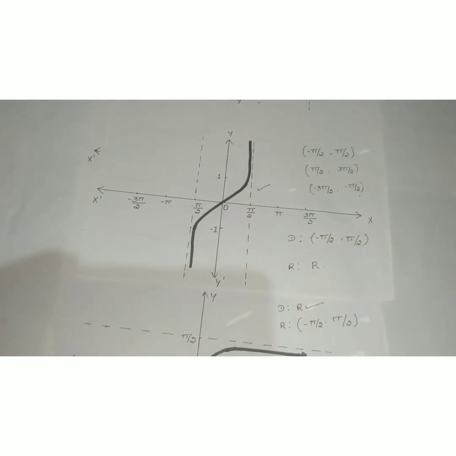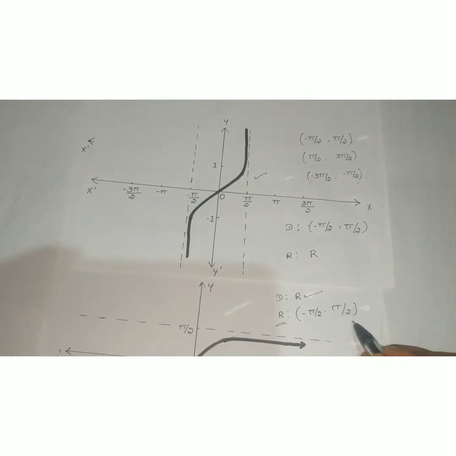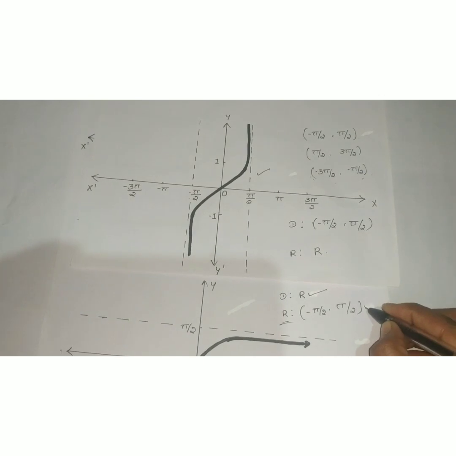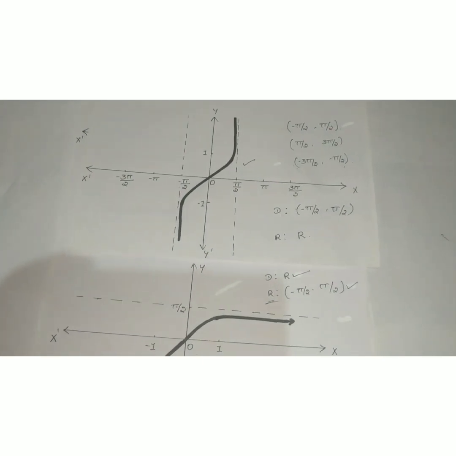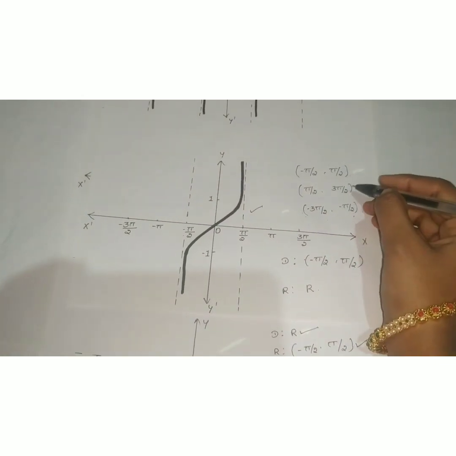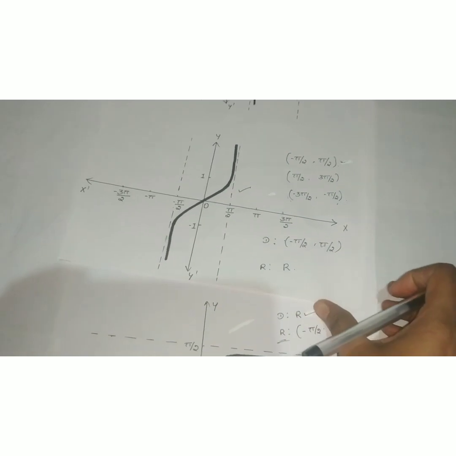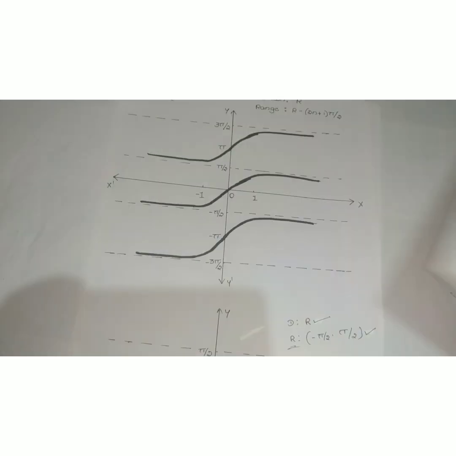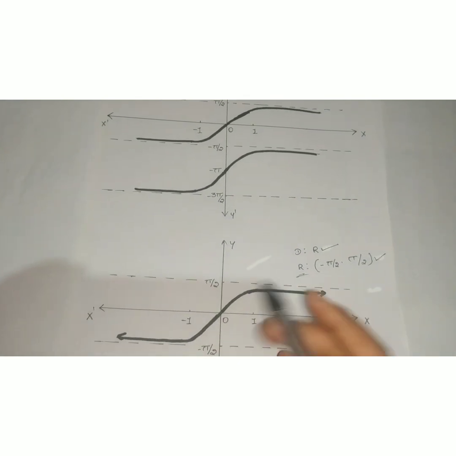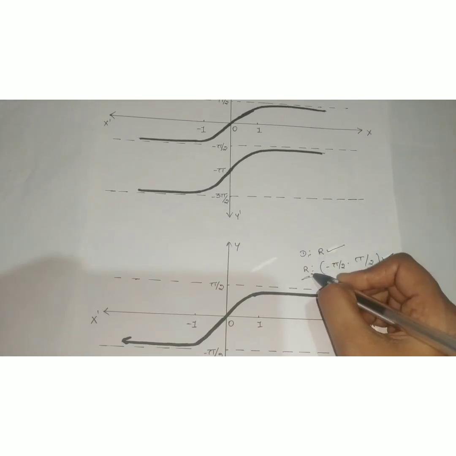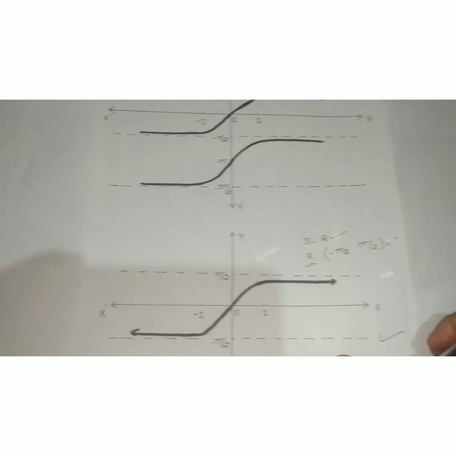But the branch with the range open interval minus π/2 to π/2 is called the principal value branch. So in this case, we select the open interval minus π/2 to π/2. This is the graphical representation of the restricted tan inverse. In this domain and range, the tan inverse function is invertible.